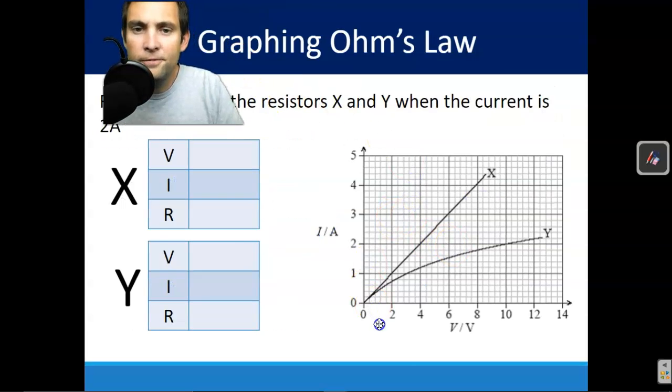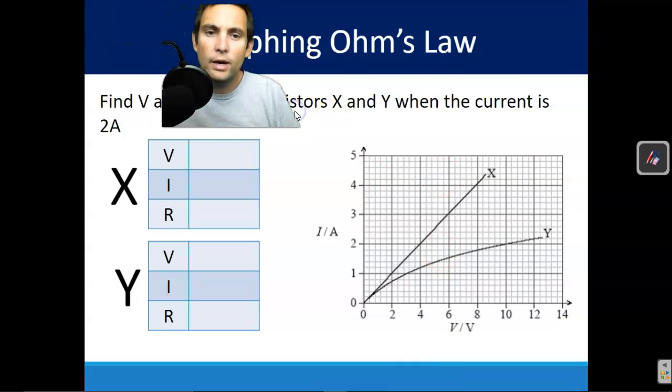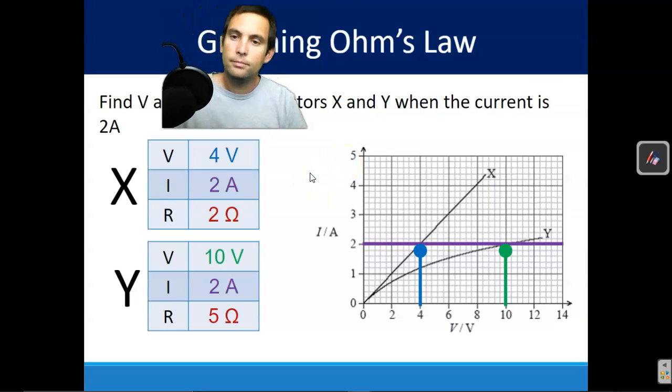Find V and R for the resistors X and Y when the current is 2 amps. Go ahead, pause it, try it for yourself before we go on. And we're back.